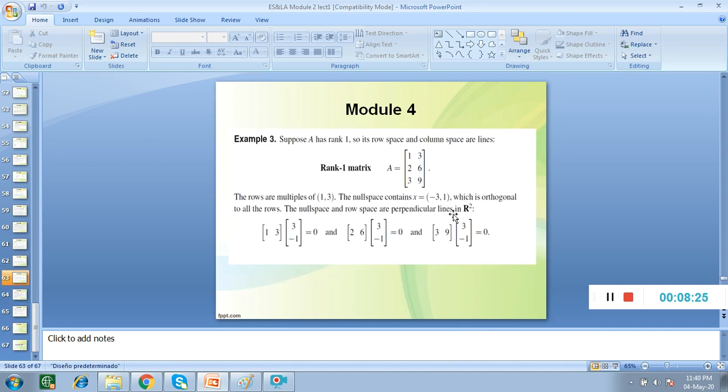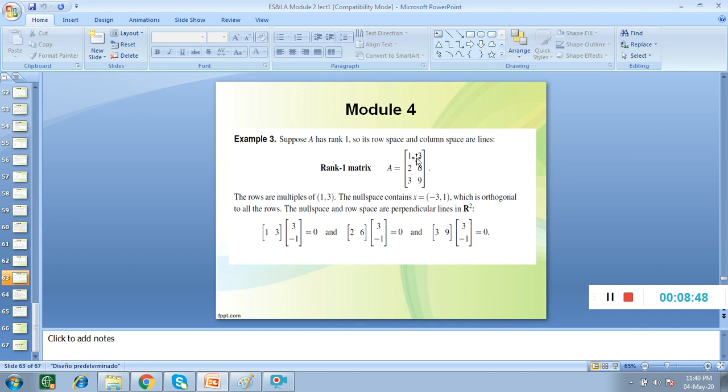And we are understanding that one with an example. Consider the matrix. Let's say this matrix is A, having all these rows. Now we can see it has 3 rows and 2 columns. The rank of this matrix is what? It's clear here: 1, 3, 2, 6, 3, 9.